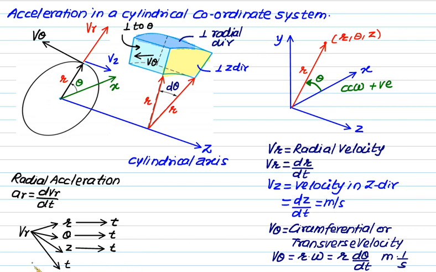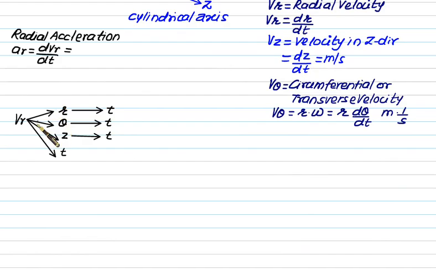The same technique we have used in the Cartesian coordinates also. So using the chain rule we can write this total derivative as the partial derivative of Vr with respect to r, that is del Vr by del r into dr by dt, plus del Vr by del theta into d theta by dt.